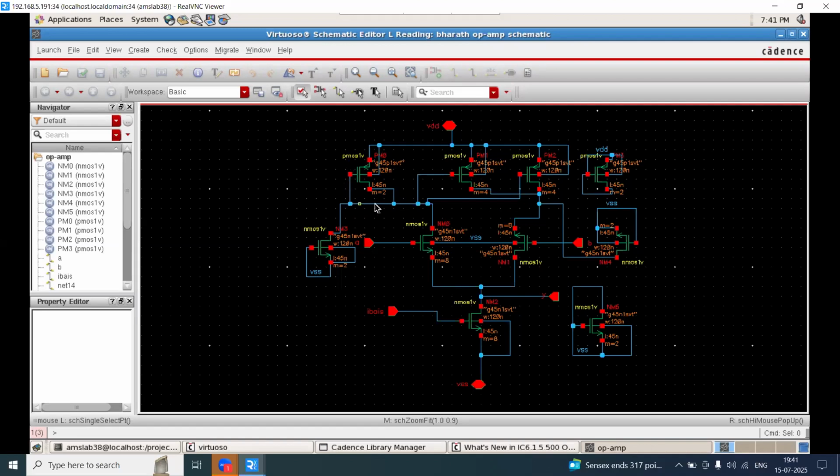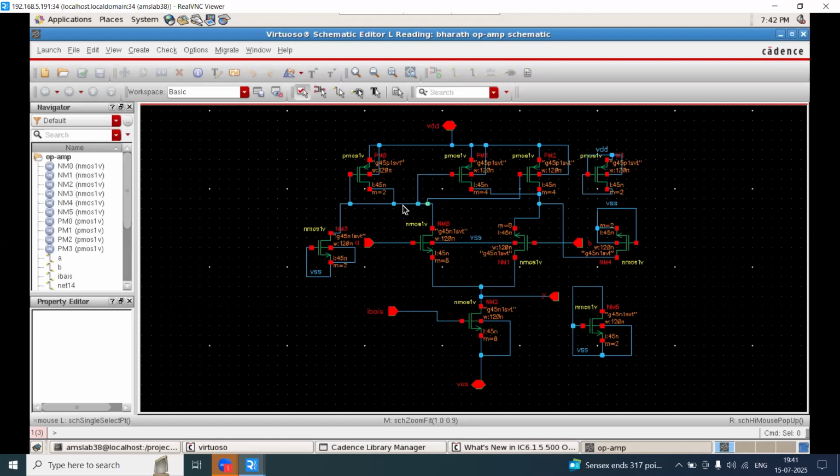By this connection, it will become like a diode connected device, where in current mirror we will have one diode connected master device, where the current is going to be copied to the common gate connected devices. Here this gate is connected commonly to another supporting gate.